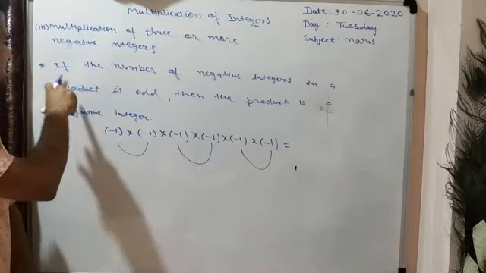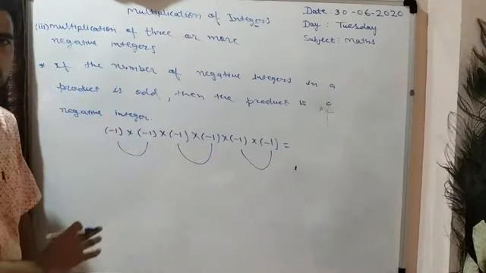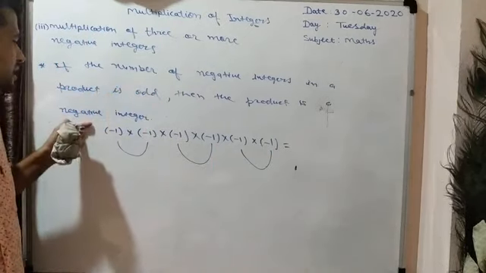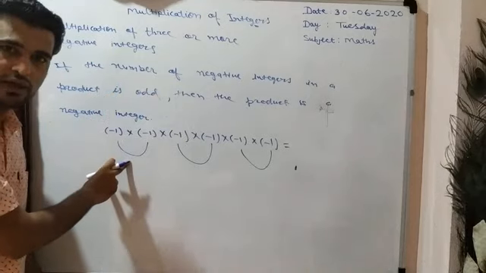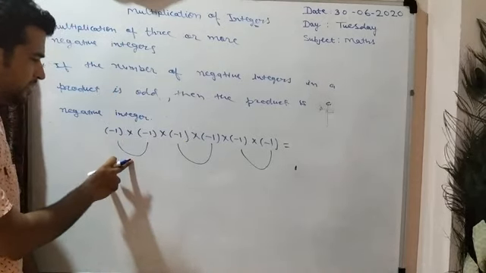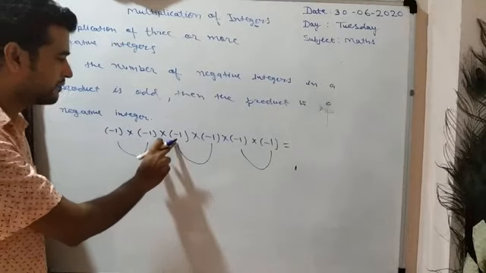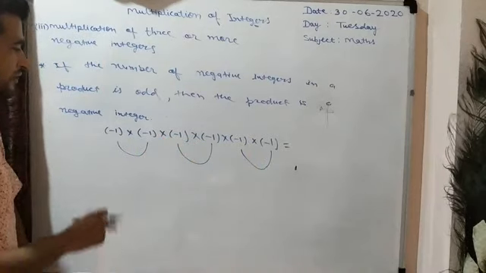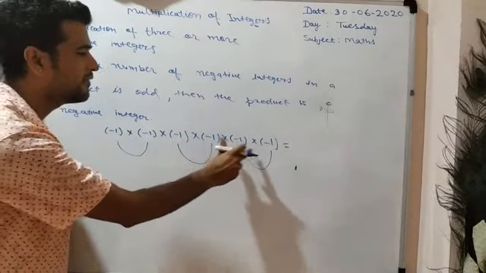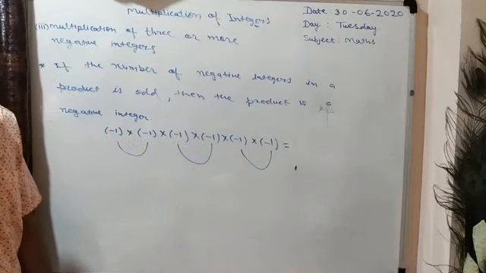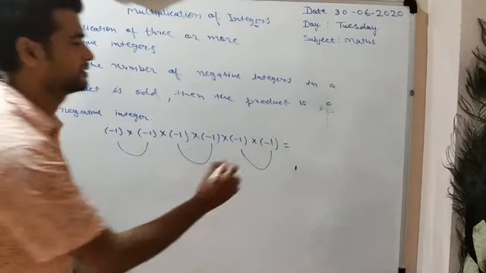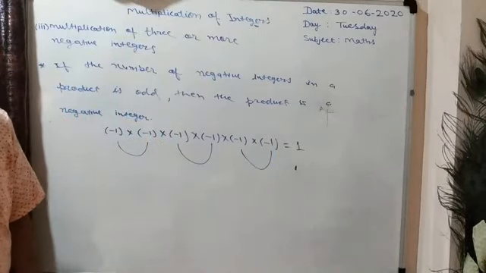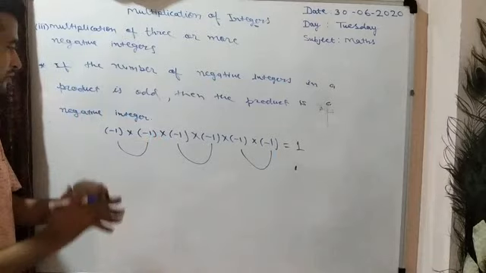As we have already studied, whenever we have an even number of negative integers, the product is a positive integer, and the same thing we have here. So the answer should be plus. Or we can check 1, 2, 3, 4, 5 and 6: 6 negative integers, 6 is an even number, so the answer should be plus. So this will be plus 1. This is the concept.